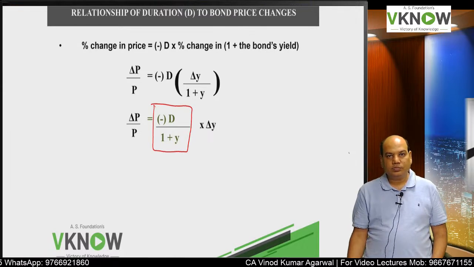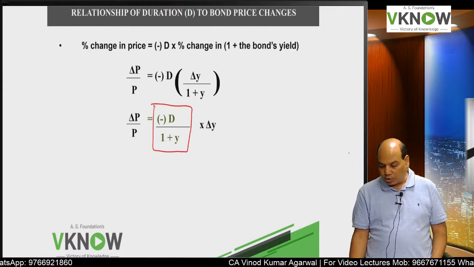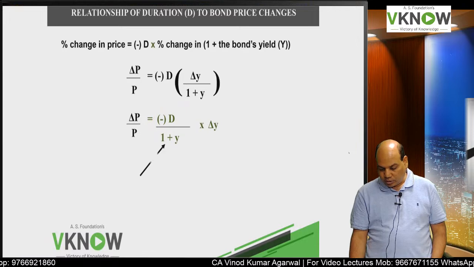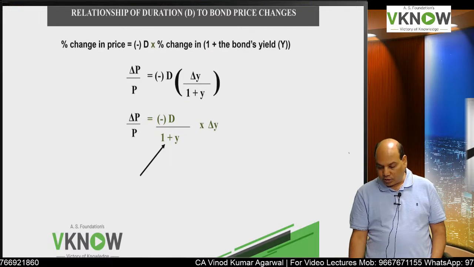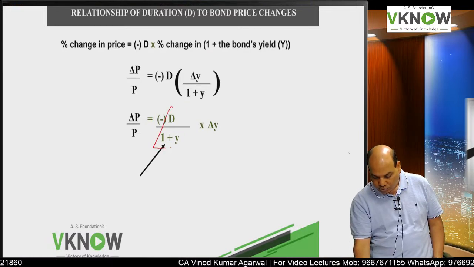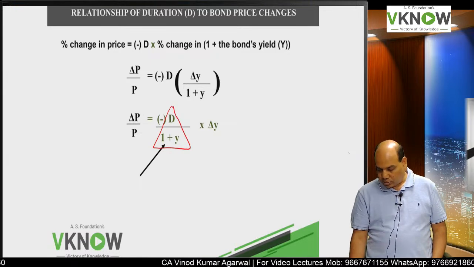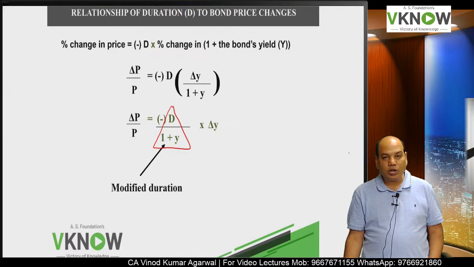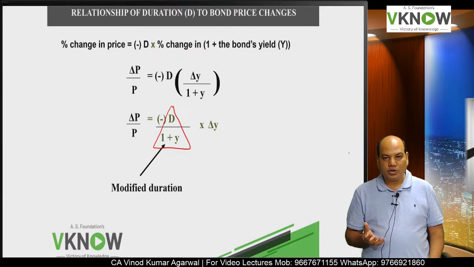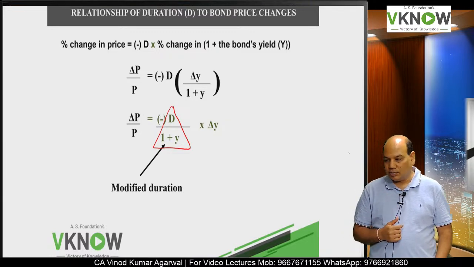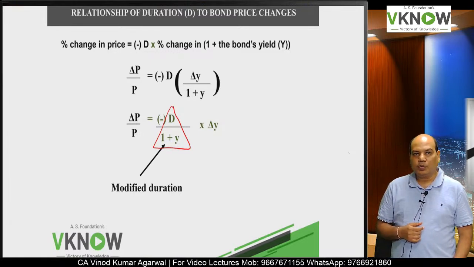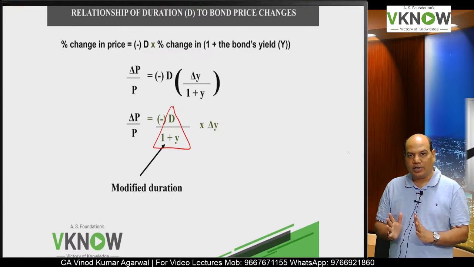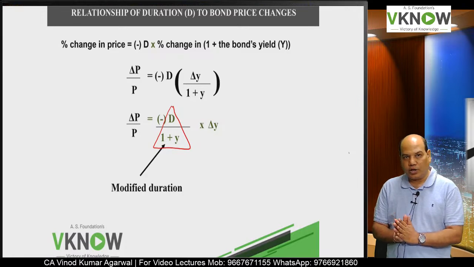This portion, D upon 1 plus Y, has a name, and that is called modified duration. D upon 1 plus Y, where Y means YTM, is called modified duration.